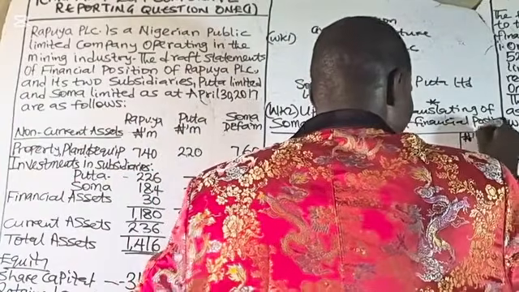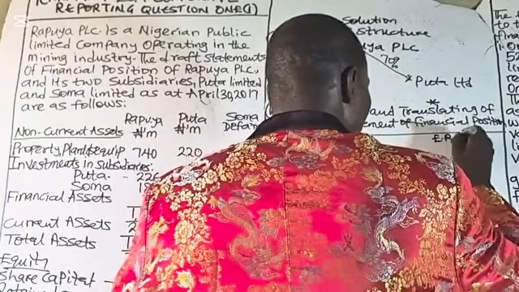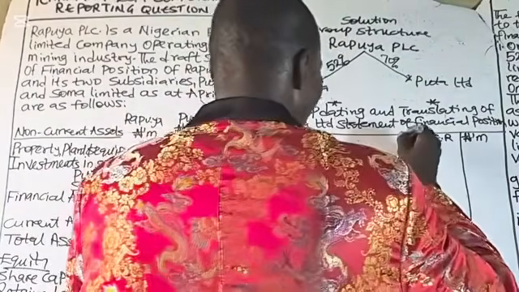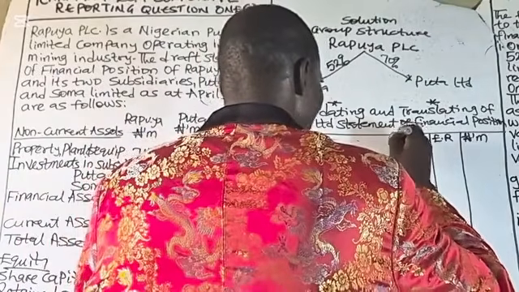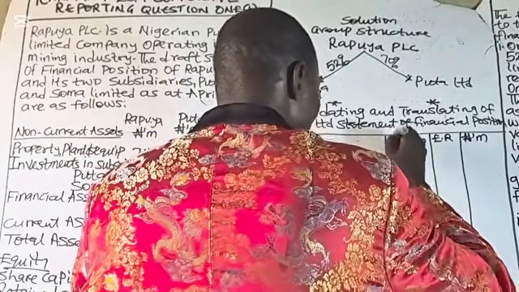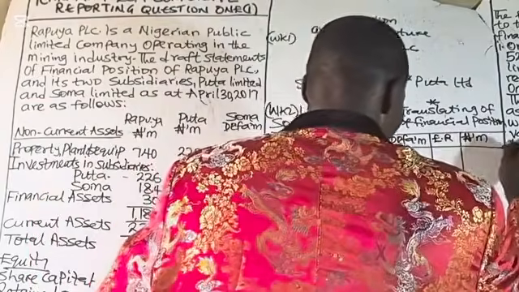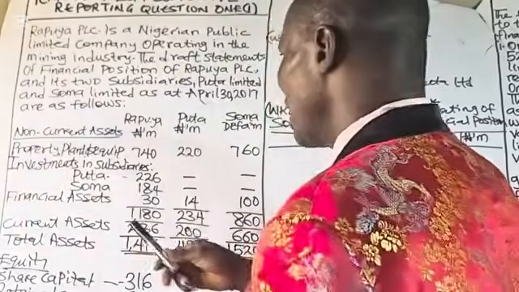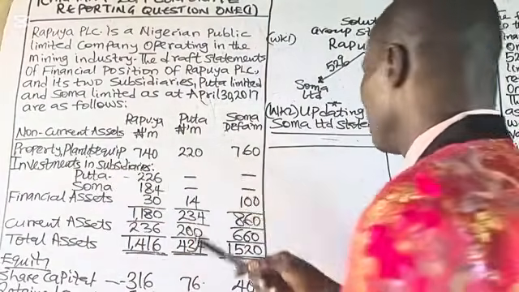Naira, exchange rate, then you have the currency in DEFA. So, in the financial statement of Soma, you have property, plant, and equipment of 760.